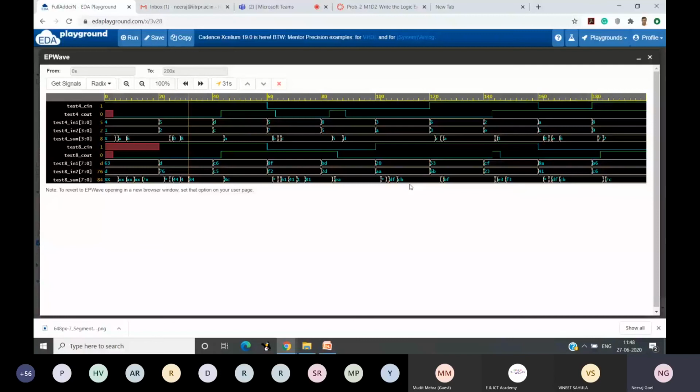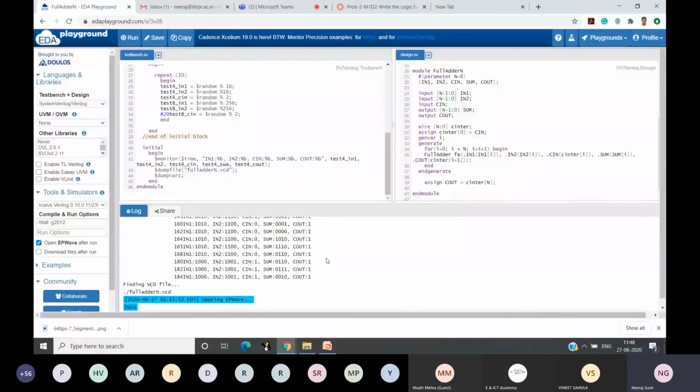Okay, so one more thing I would like to show here is the use of monitor. So now you see what is the difference between display and monitor? In display, only when you have issued that display statement will it print these numbers. But in case of monitor, it prints every time there is a change in a signal. So here, let's say we see this.